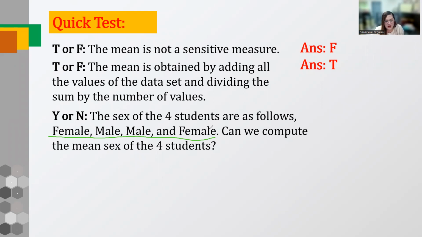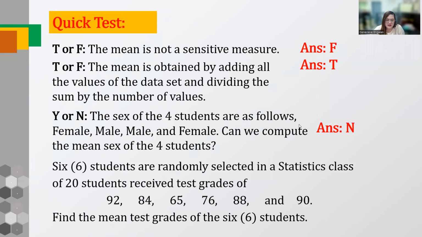Again, di nato ma-rank. No? So that is nominal. And again, ang atong mean is only for interval and ratio. Dili ta makakuha for nominal and ordinal. So what is the answer? Yes or no? No, ma'am. Okay.